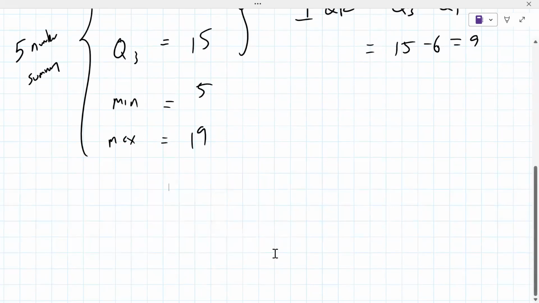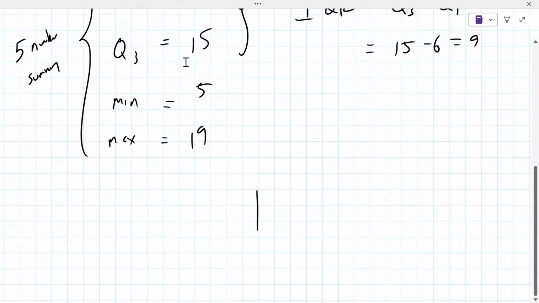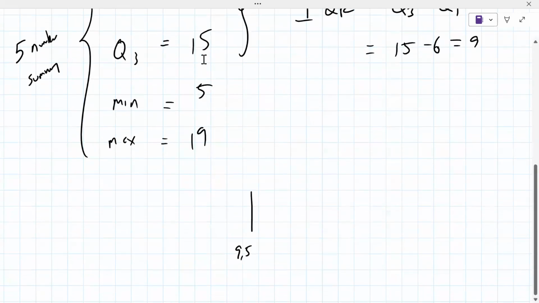So when you draw your box plot, the first thing you draw is the median. Our median was 9.5. So that's 9.5. You go left and right to Q1 and Q3.